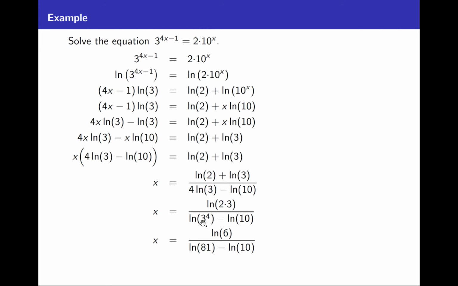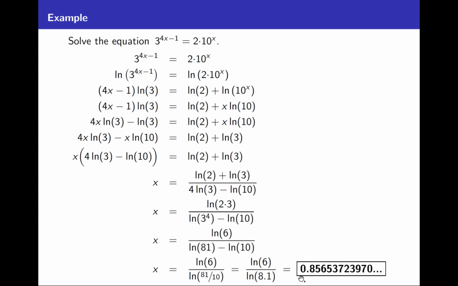On the bottom, ln of 3 to the 4th is ln of 81 minus ln of 10. And now we can combine this difference, ln of 81 minus ln of 10, with an ln property. That's ln of 81 over 10. So we get x equals ln of 6 divided by ln of 8.1, which is a fine answer, but you might want to take your calculator out and get that exactly.